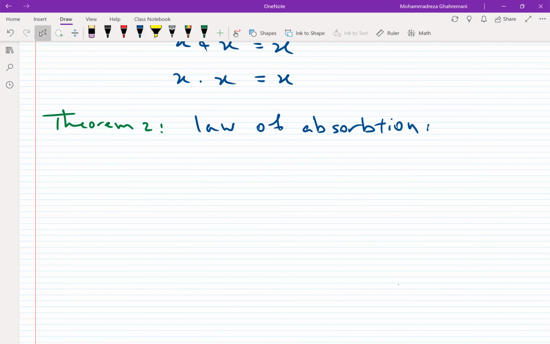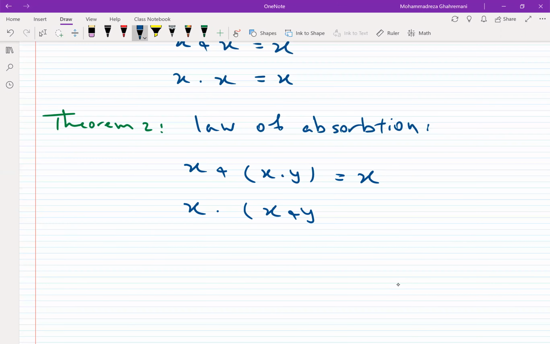And it says that x plus x dot y is equal to x, and x dot (x plus y) is equal to x.